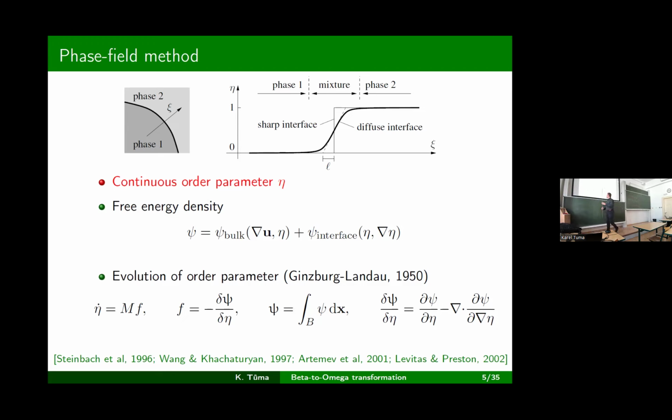And then the evolution of the volume fraction eta is driven by the Ginzburg equation, saying that the time derivative of eta is proportional to the thermodynamic driving force. So this is just the functional derivative of the free energy with respect to eta, and the constant n is the mobility.